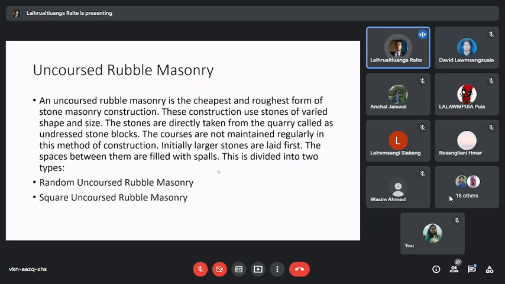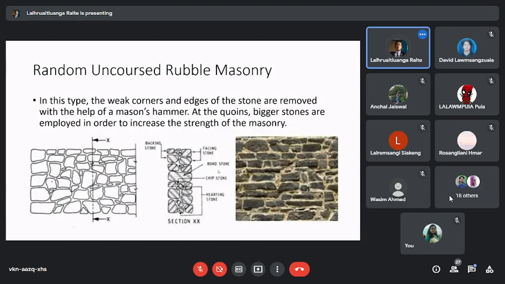So even in uncoursed masonry, number one, you are going to have a random uncoursed masonry, which is going to be a series of random stones that are laid. Here you can see, especially in the image on the right hand side, that at least the shapes in terms of height are being tried to keep some kind of regularity.